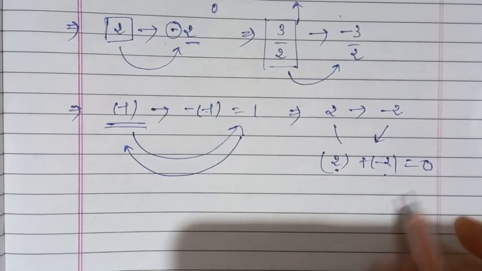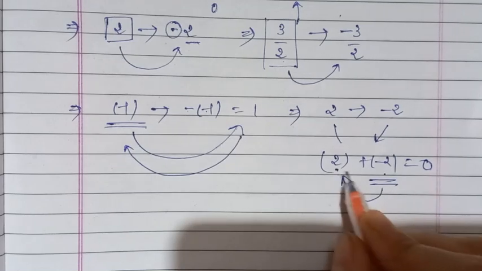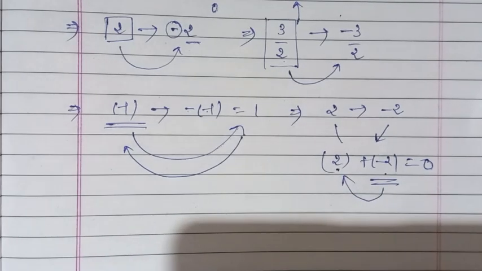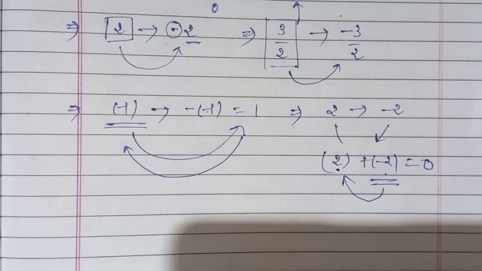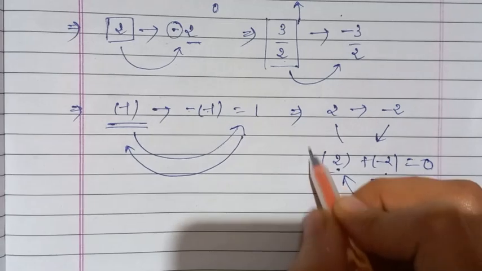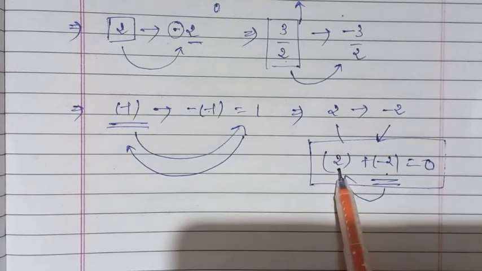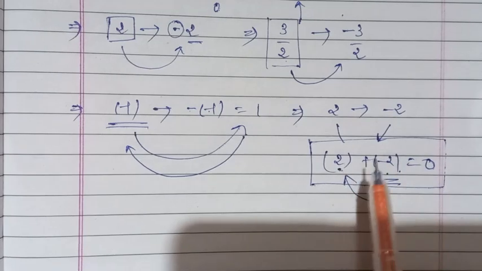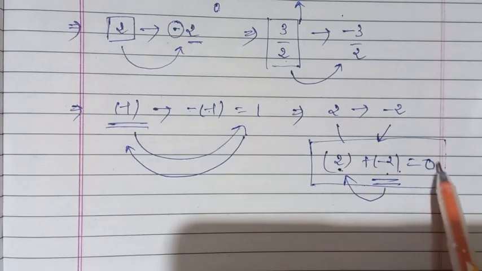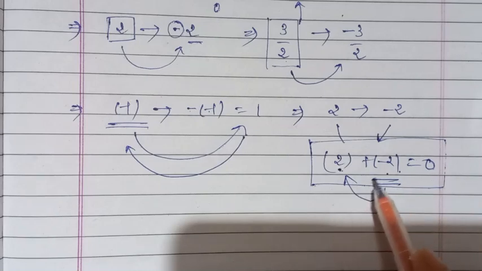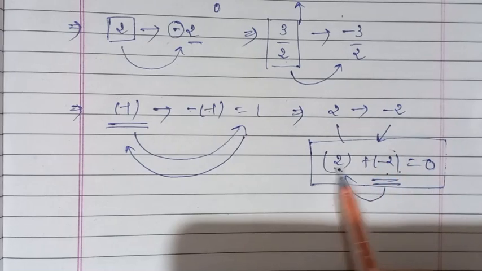So we can say that minus 2 is the additive inverse of 2. Whenever we add a number and its negative number, it will always give 0. So it is called the additive inverse or negative of a number. This is the actual meaning of negative. I add these two numbers and we get 0, so minus 2 is called the negative or additive inverse of 2, and vice versa.